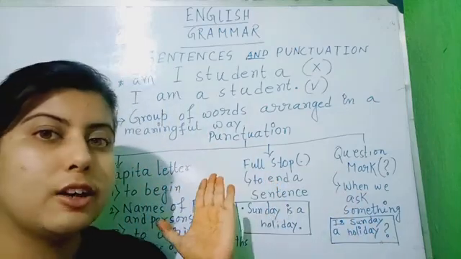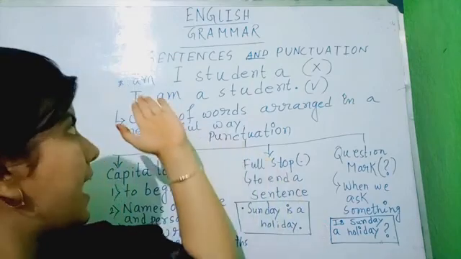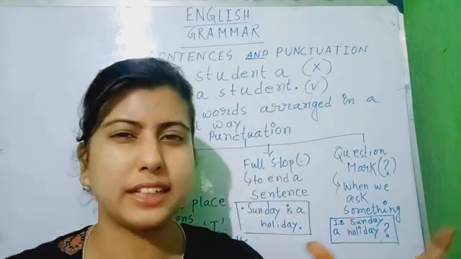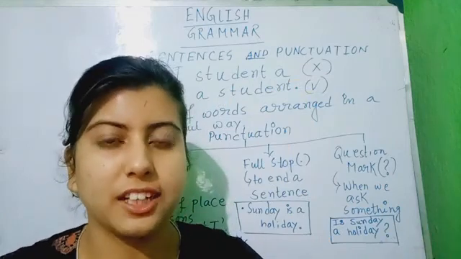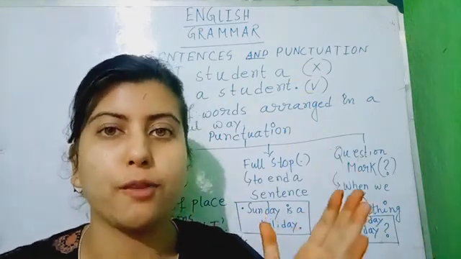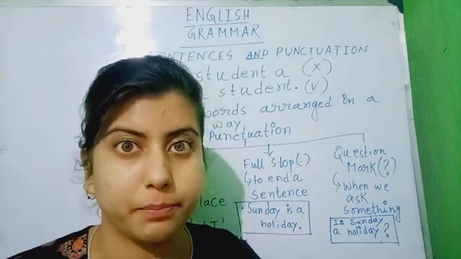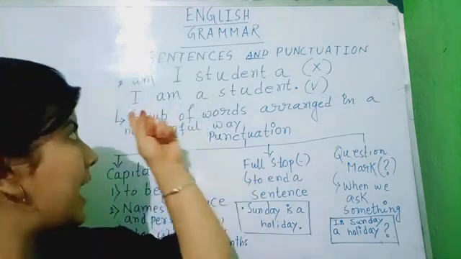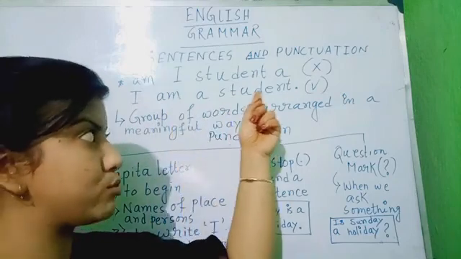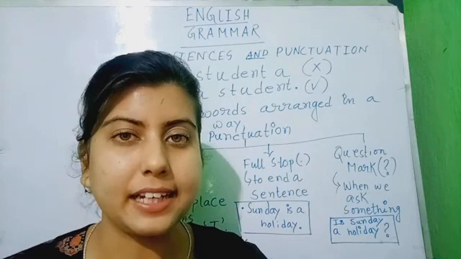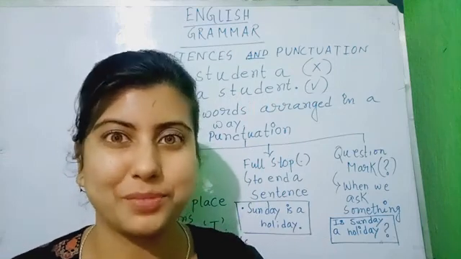Listen to the words again. This is not a meaningful group of words. But if I arrange them and write it, I am a student. Then this would mean something.